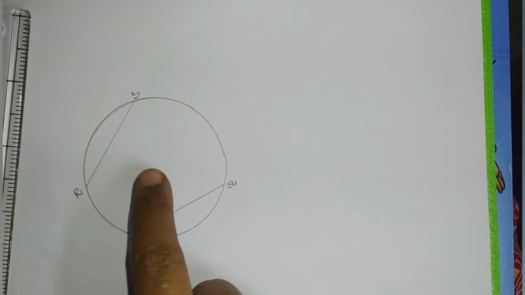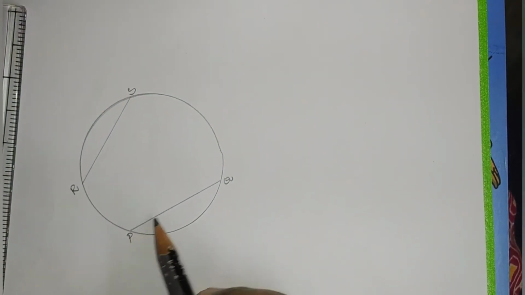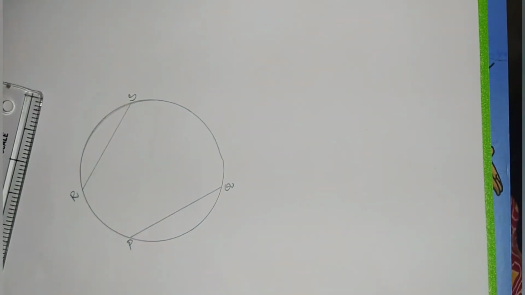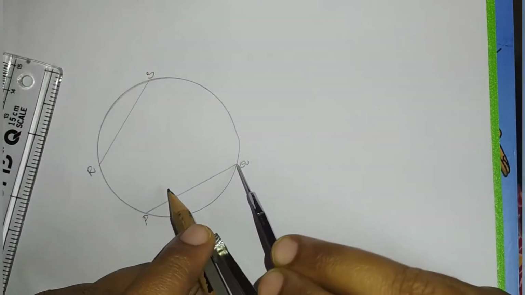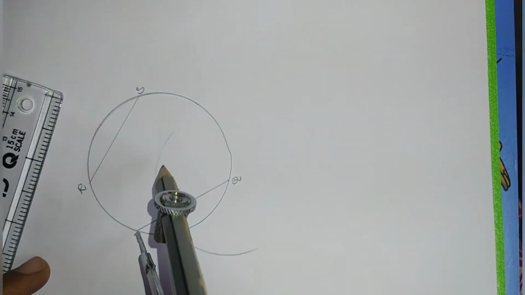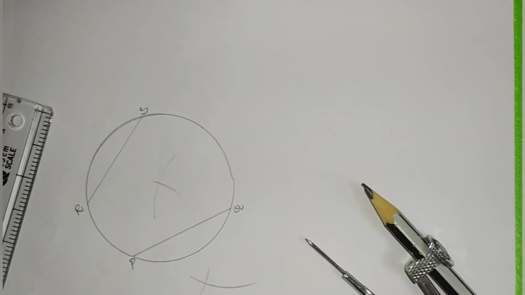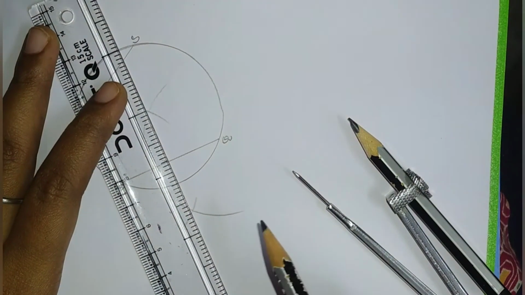So first take two non-parallel chords PQ and RS of this circle and draw a perpendicular bisector for PQ. Draw the dotted lines.